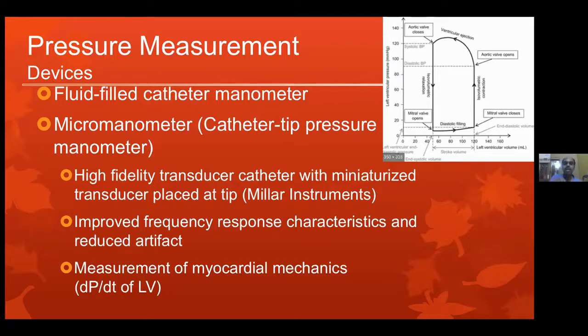We will not be able to change the fluid-filled transducer system's natural frequency every now and then. If you are not able to get a proper hemodynamic trace for a heart rate increase to 120, that means there is a deterioration of the frequency response of that particular transducer, and it is time to change the transducer. I'm going to come to this point during the artifact, which is going to come in the next 2 or 3 slides.